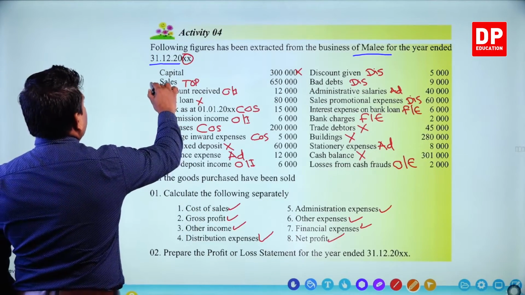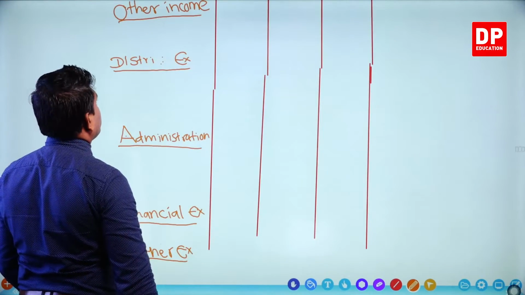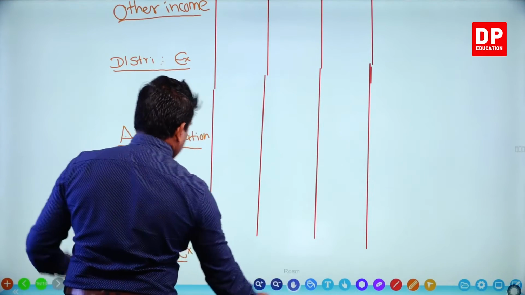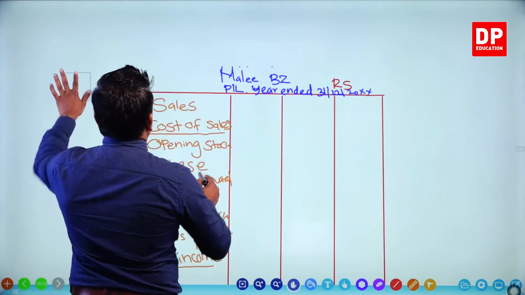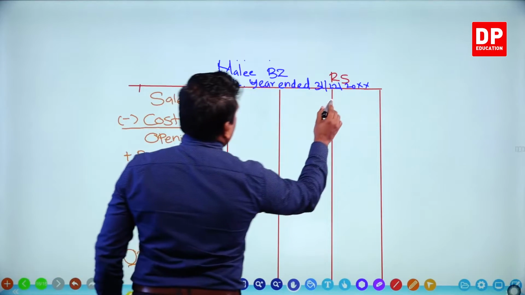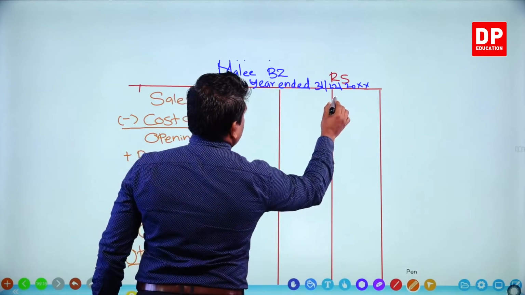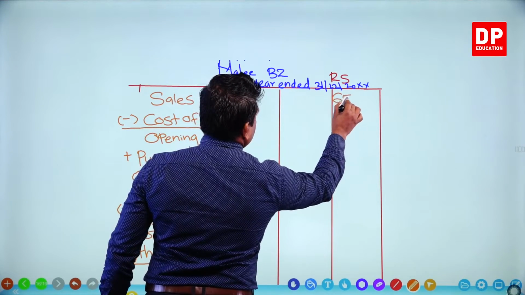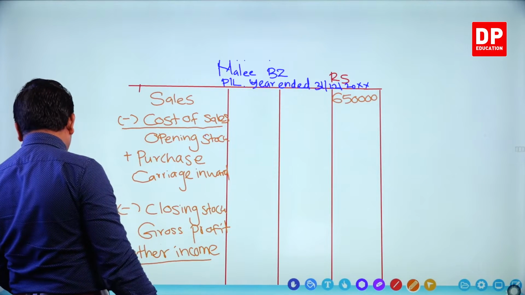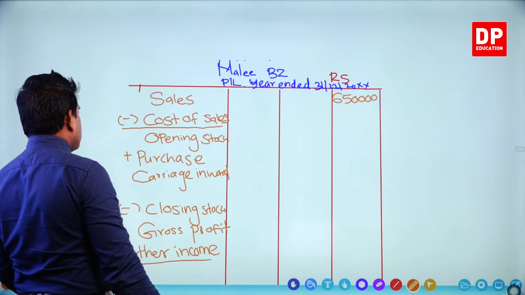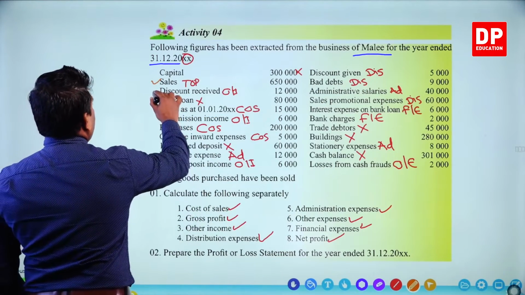Now what is that? Sales. One by one you can take. Sales, where we put 650,000 on the top, right? On the top we can write sales, right? Then sales 650,000 goes to the corner, right? 650,000. Okay. Now you see the next one. Discount received, where we put?